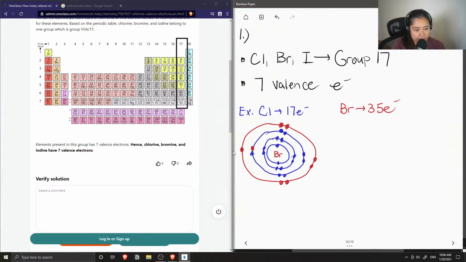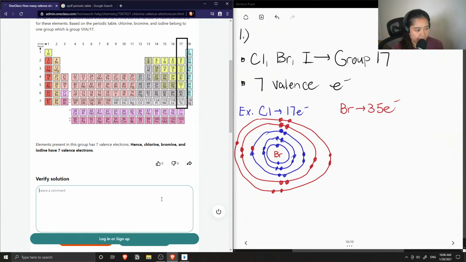Let me just draw the last one. Okay, so that was bugging me a bit, but this solution is correct.